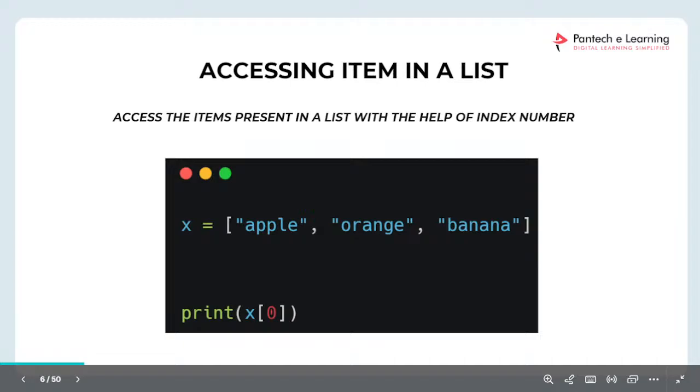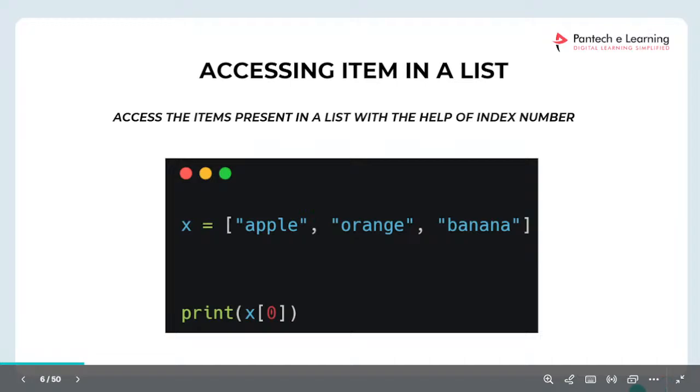In a string, the index is assigned to each individual character, but in a list we create items, such as words or fruit names, and each item has one index. So apple is the 0th index, orange is the first index, banana is the second index.